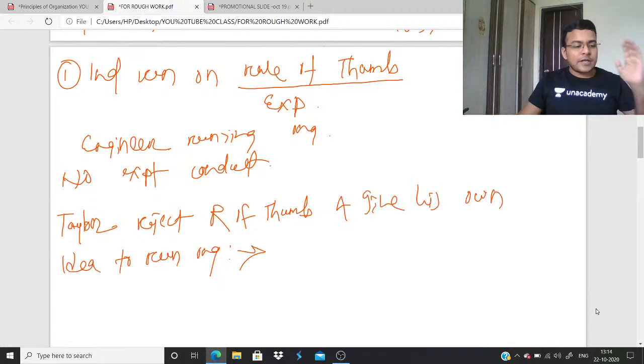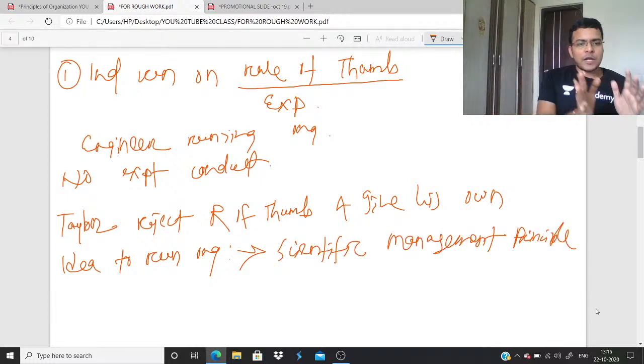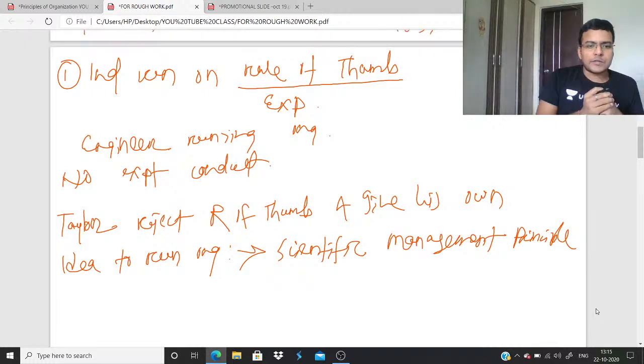So what is Taylor's idea? Scientific management principle or theory. So Taylor rejected the rule of thumb and gave his own idea to run the organization, and his idea is the scientific management principle.